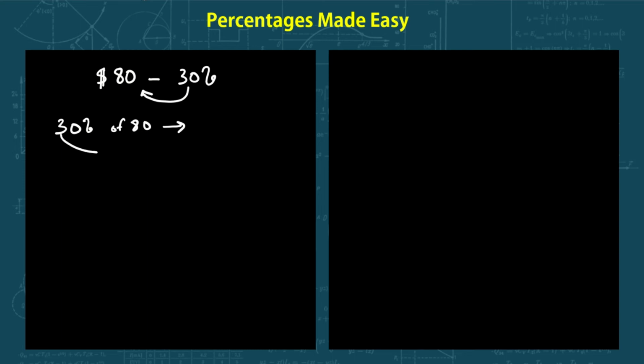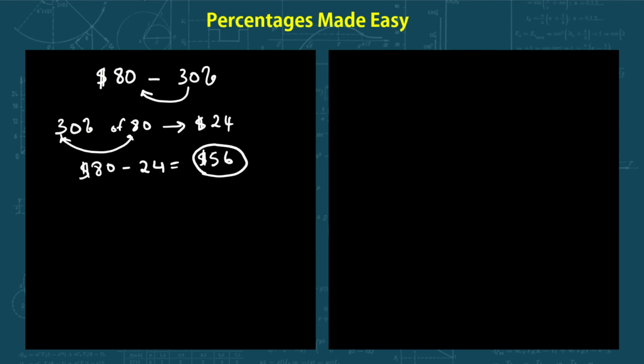We basically have to multiply 3 times 8, which is $24. So the price was 80 and you're getting a $24 discount. So the product now costs me only $56. All right, that was method 1.